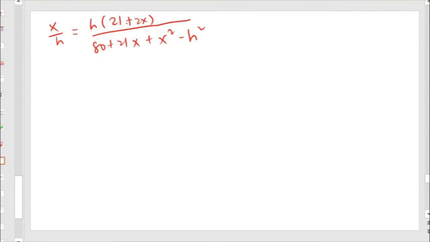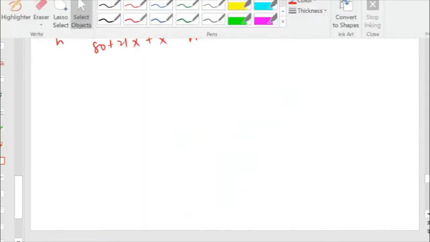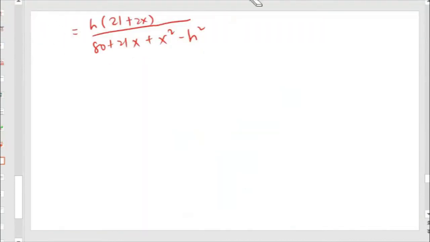We want x only. So this h, you see this h, can I move h to another side? Okay, s over h or h over x. Sorry, I mistake. H over x. So here is h over h over x.